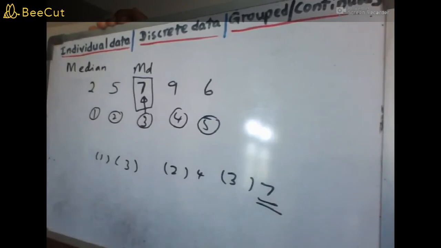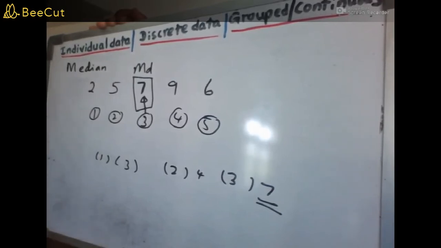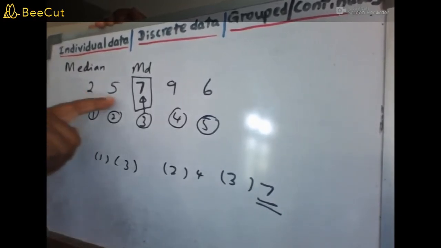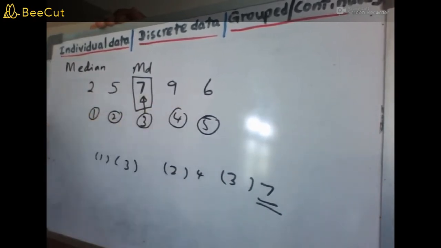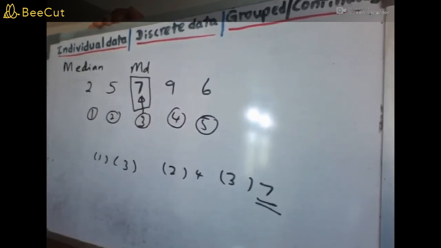To do this, there's something very important that you'll have to do. You have to arrange the data either in ascending or descending order. Here these data are arranged in ascending order. Usually in educational measurements, we arrange the data in descending order.